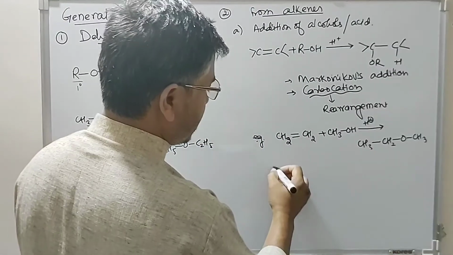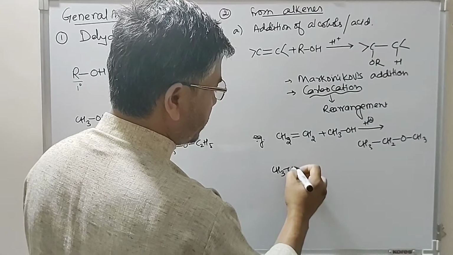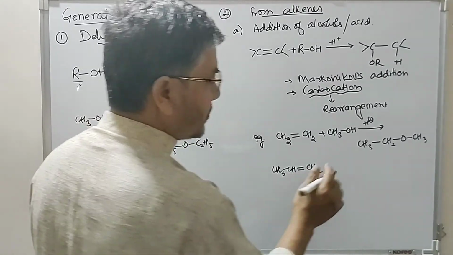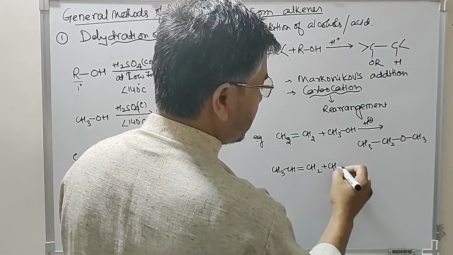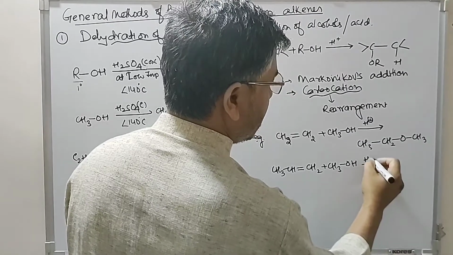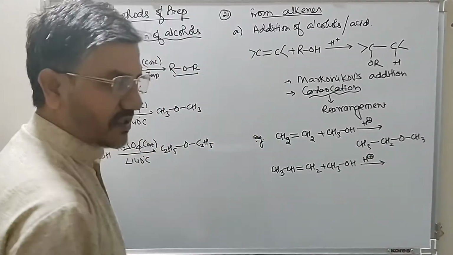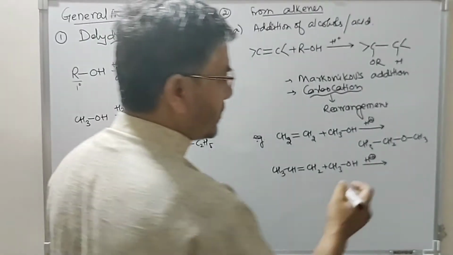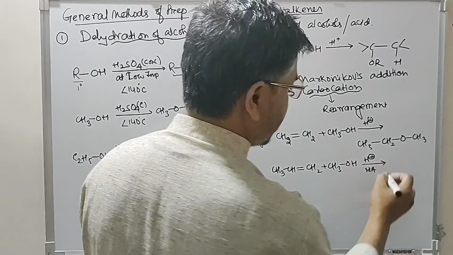But if we take this CH3CH double bond CH2, we have an unsymmetrical alkene reacting with an unsymmetrical reagent. The reactant is unsymmetrical, the reagent is also unsymmetrical, so we have to follow Markovnikov's addition.